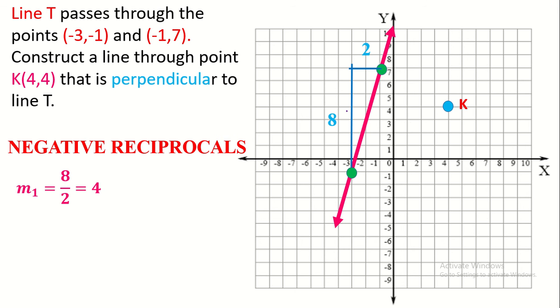So that means that the slope of the other line should be -1/4 for us to construct a line perpendicular to line T. So all we have to do now is to take that slope and build off of point K by going down 1 unit and then moving 4 units to the right for us to plot a new point, and drawing a line through them that will be perpendicular to line T and pass through point K.